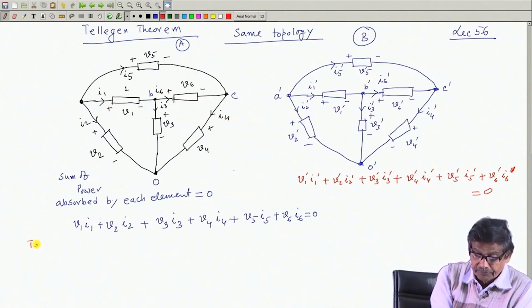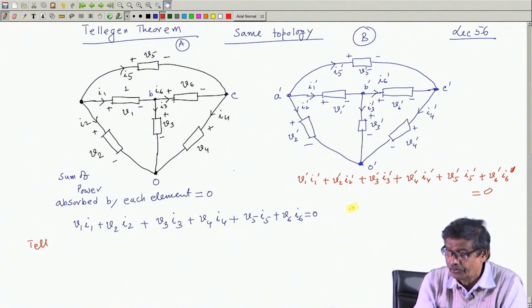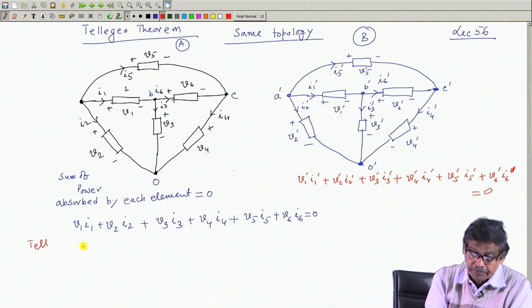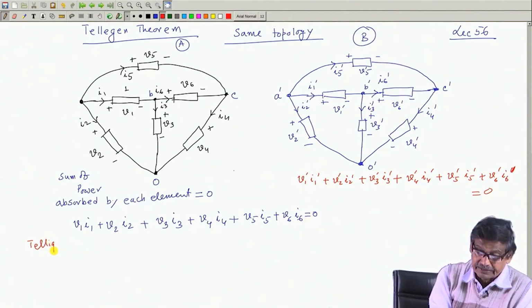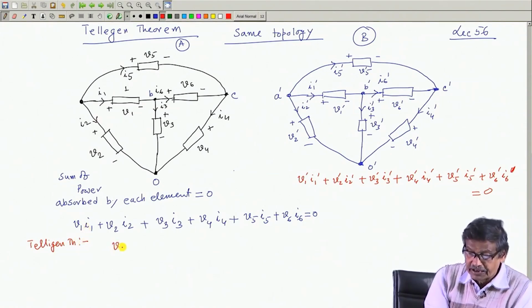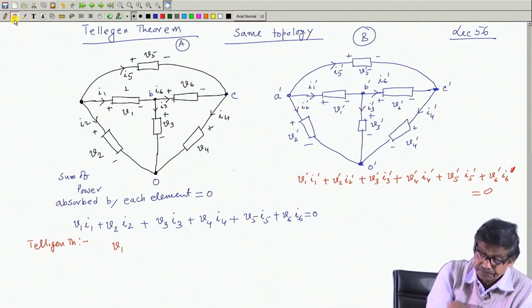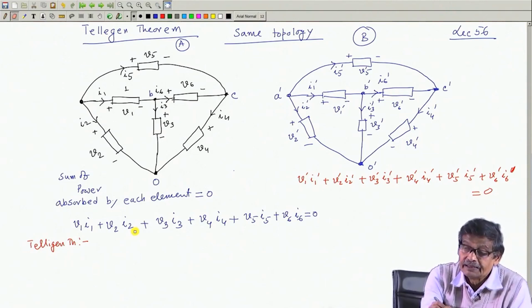Tellegen's theorem tells that you take the voltage of this network, let us use a different color.